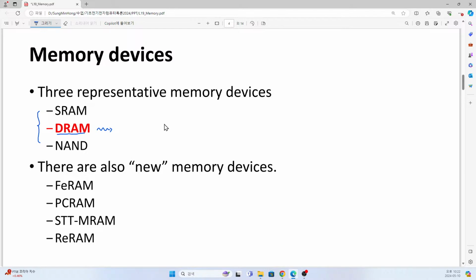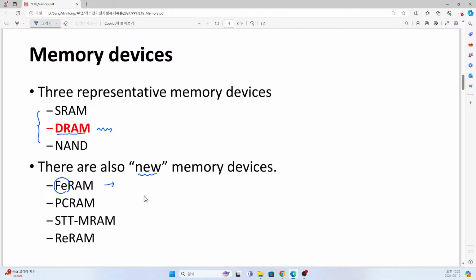But before talking about these, I have to say there are also new memory devices, not as popular as SRAM, DRAM, and NAND, but there are many other memory devices under active research. So let me name them. For example, this one, FeRAM. FE means ferroelectric.